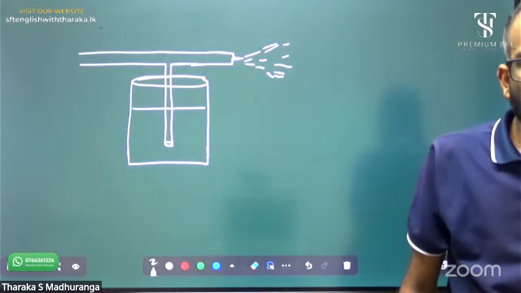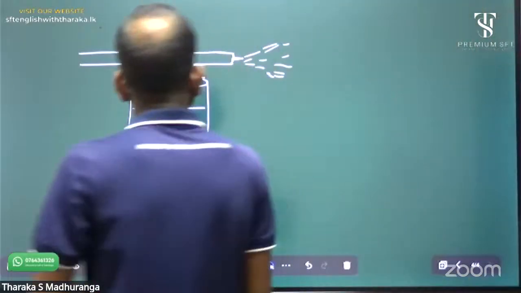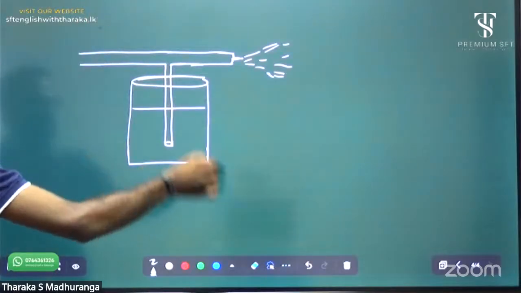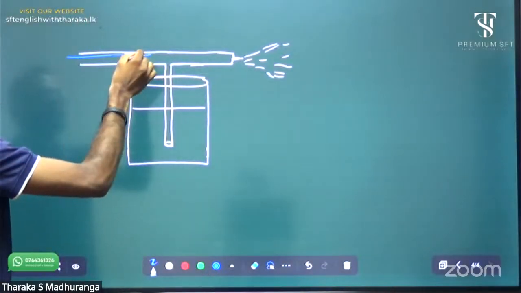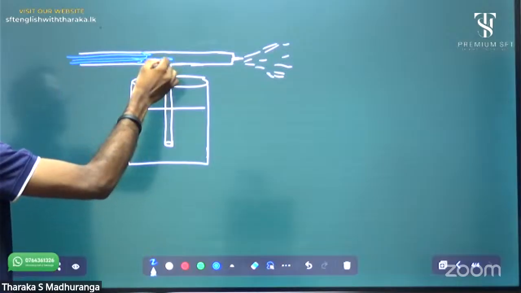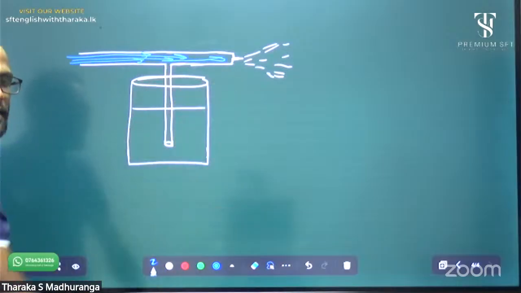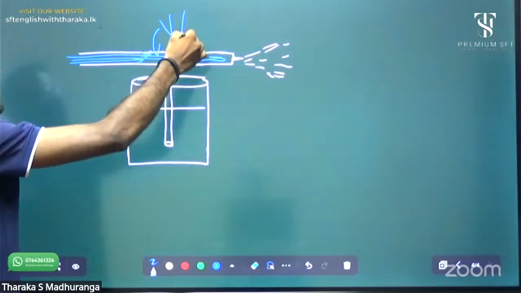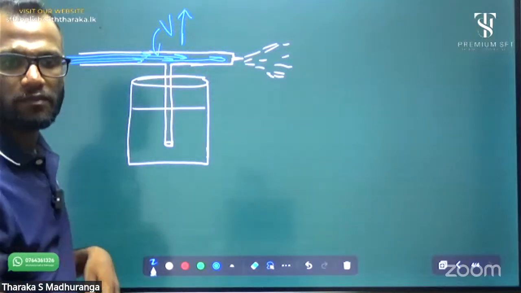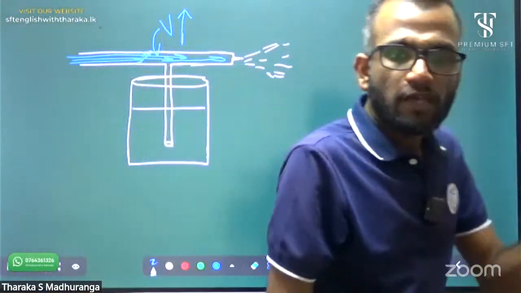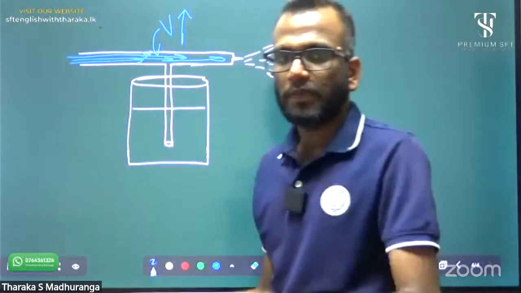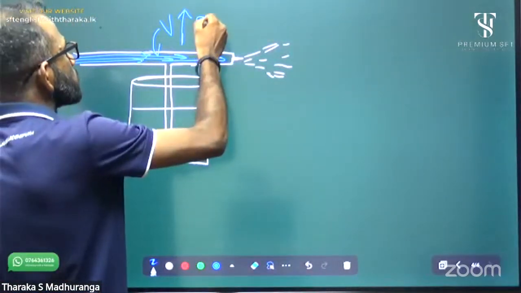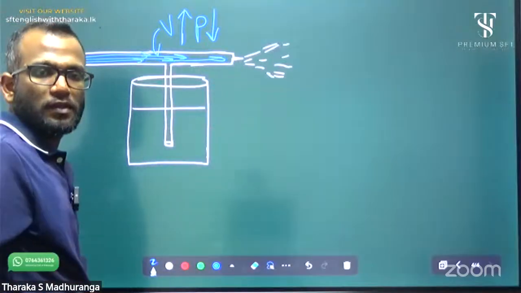Now we have to provide airflow, very high speed airflow, in this horizontal line. Now the velocity is greater. If it is greater velocity, how about the pressure? Very low pressure, right?